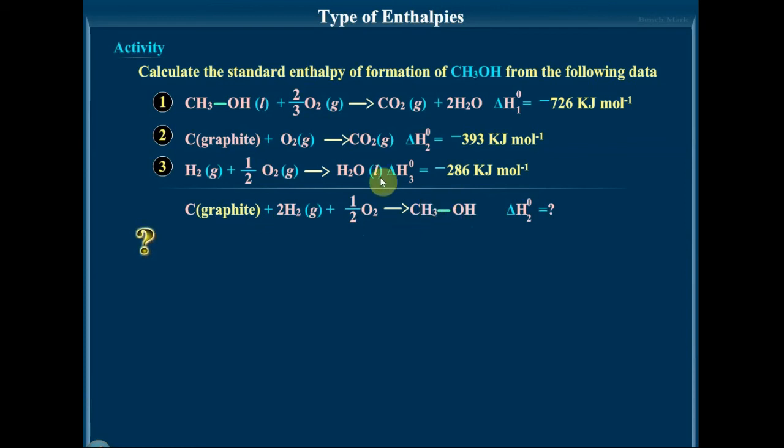Always remember the balancing should be for 1 mole of CH3OH, because that is the enthalpy change you have to find out, since enthalpy of formation is always for 1 mole of that substance. After balancing, it would be 2H2, so 2 twos are 4H on this side, 4H on this side. Half O2 becomes 1 oxygen atom, and there is 1 carbon on this side, so 1 carbon on this side. So this is how you have to balance.